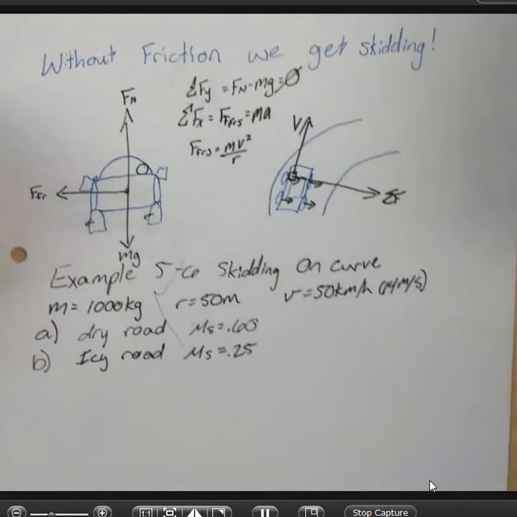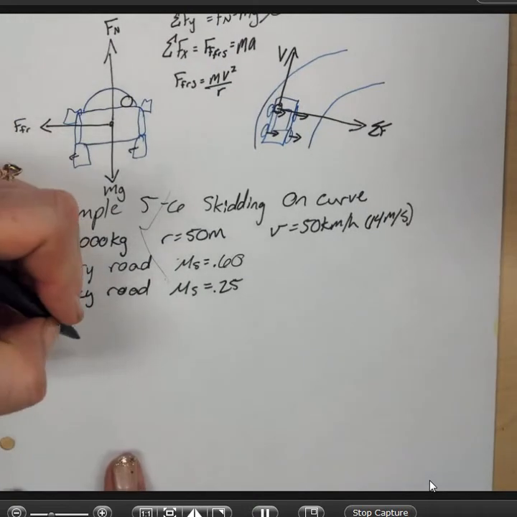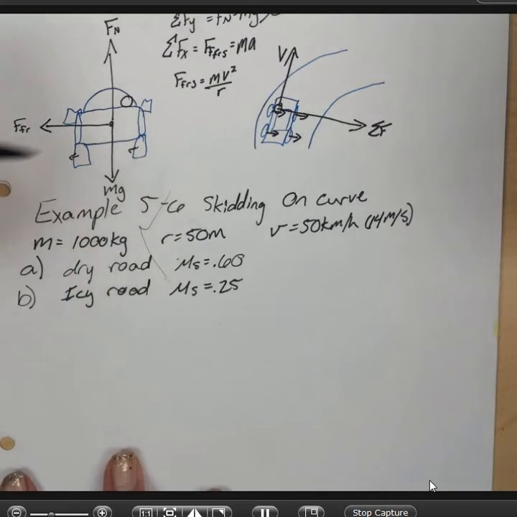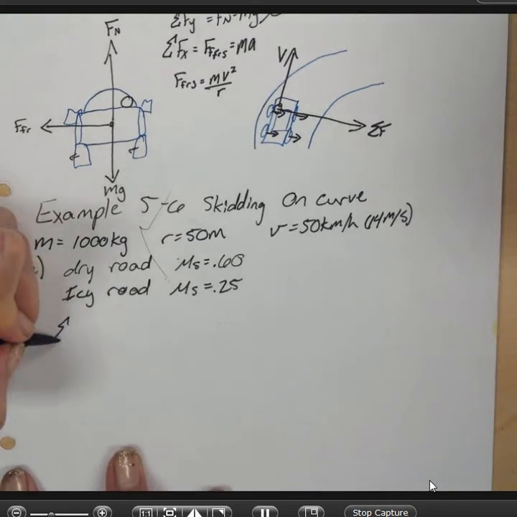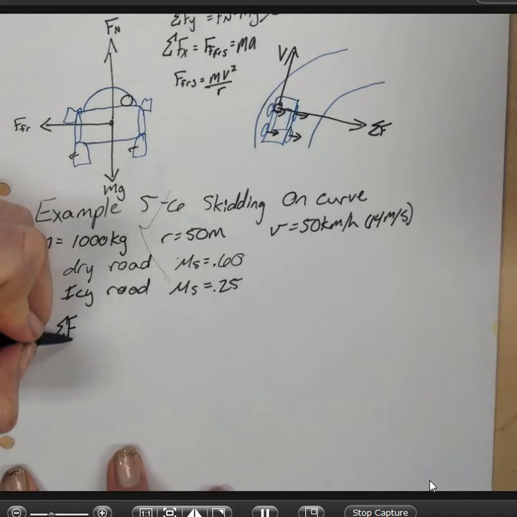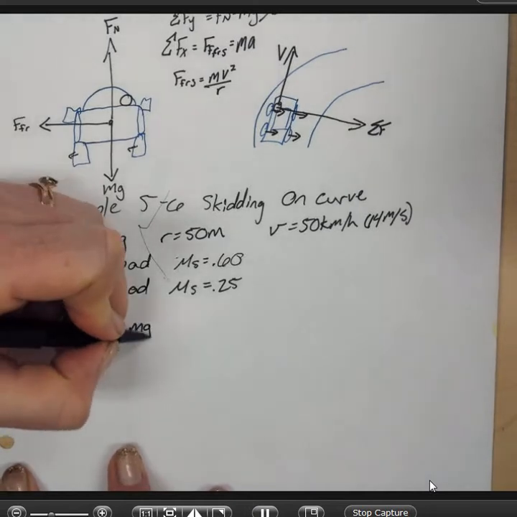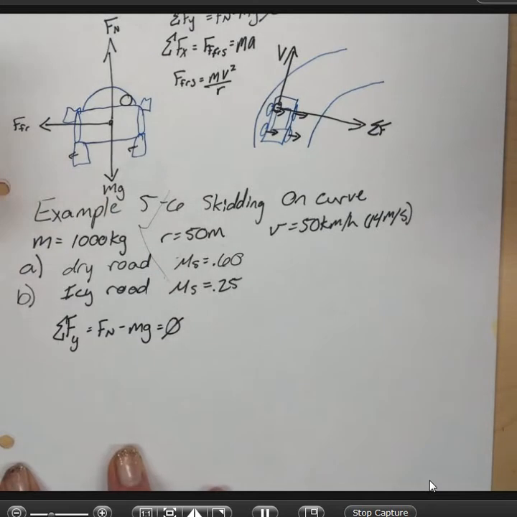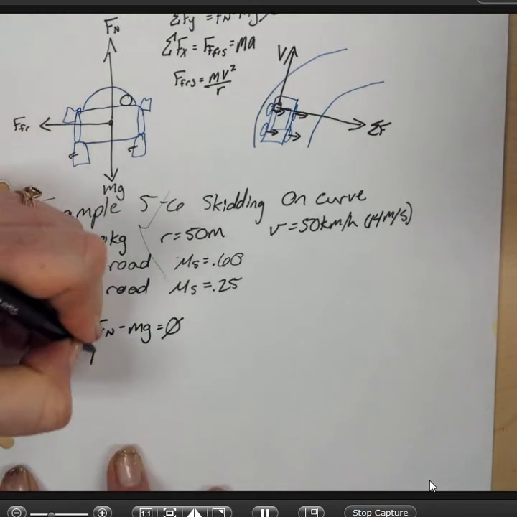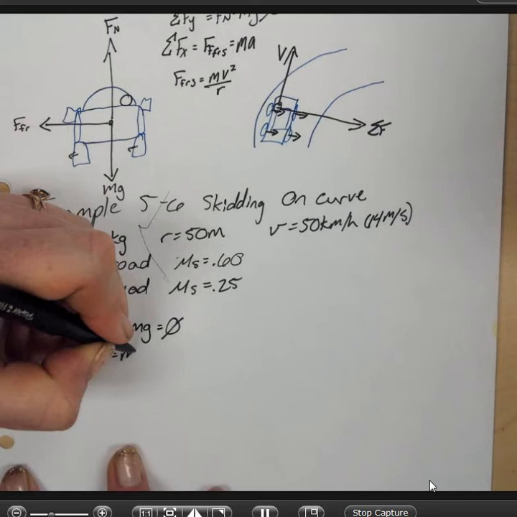So on a dry road, we know that for that car, if it's an unbanked curve, the normal force and gravity give you a net acceleration of 0. So the normal force equals mg.